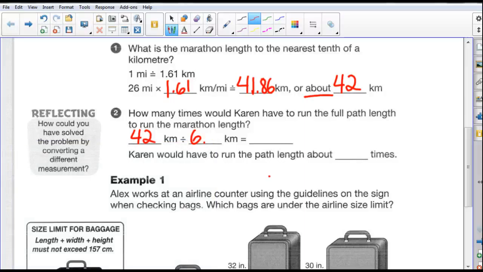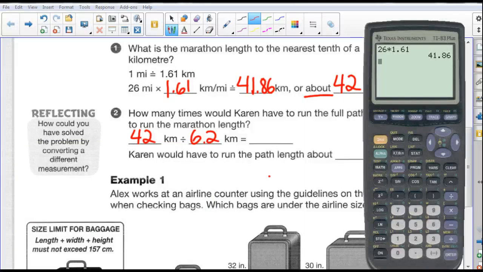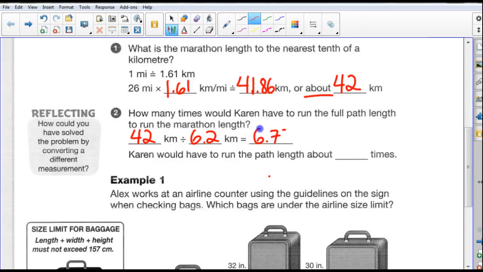Sorry, just a little glitch in the smartboard here. So 42 divided by 6.2. Let's take our calculator. Let's do 42 divided by 6.2, and we get approximately 6.77. So Karen would have to run the path length about 7 times. It's approximate.